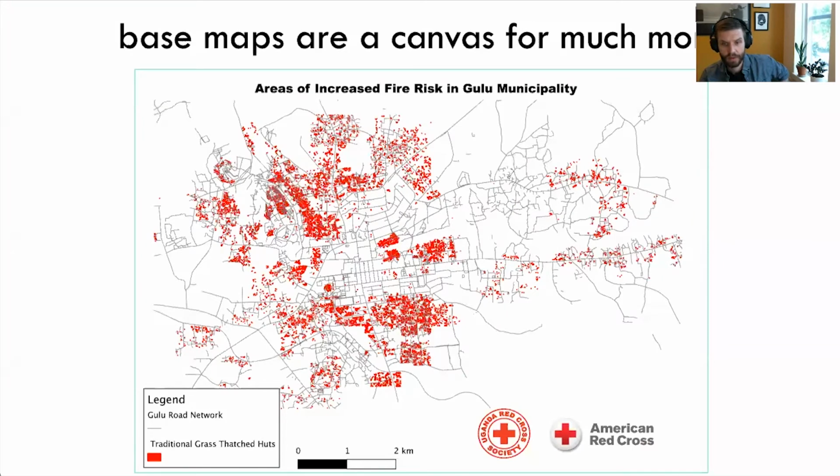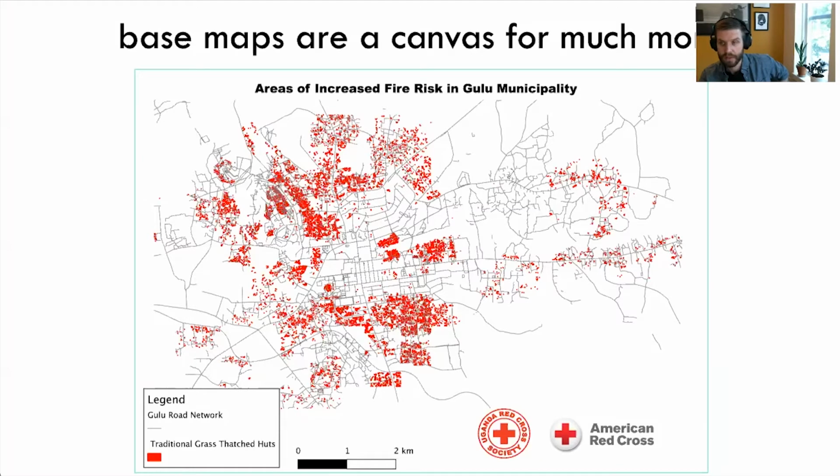Here's another example, this one from Uganda, where you can't see the individual buildings because the map is too zoomed out, but they recorded the roof type. And so some of the roofs are CGI or other kind of fire resistant materials, while there are also a lot of buildings with traditional grass thatch tops.